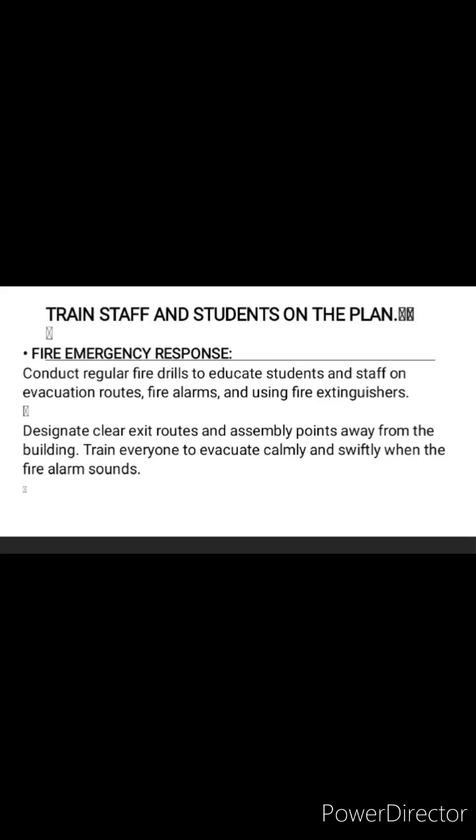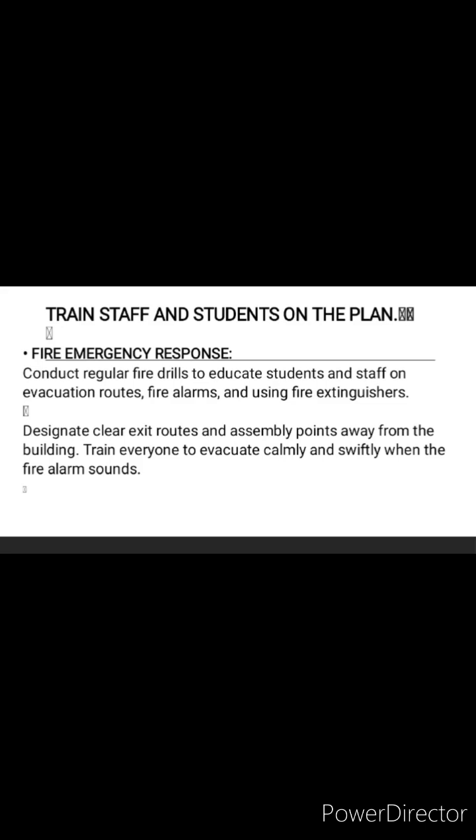Train staff and students on the plan. Fire emergency response. Conduct regular fire drills to educate students and staff on evacuation routes, fire alarms, and using fire extinguishers. Designate clear exit routes and assembly points away from the building.